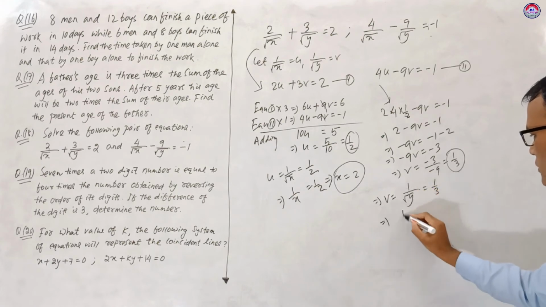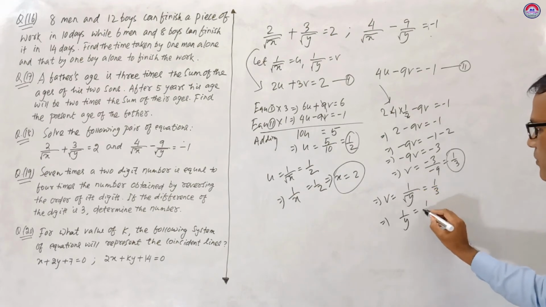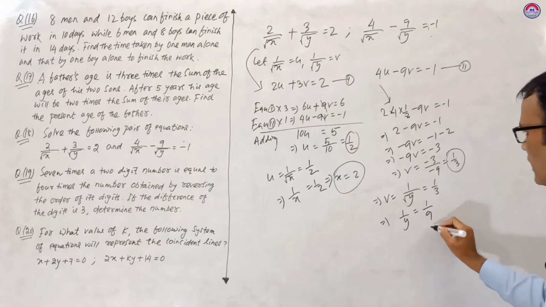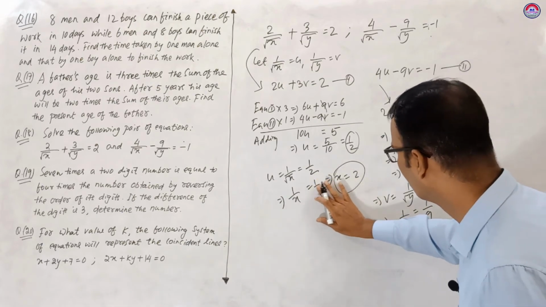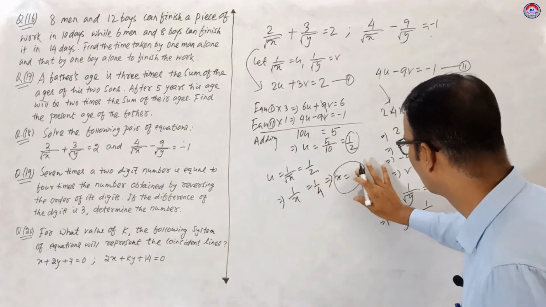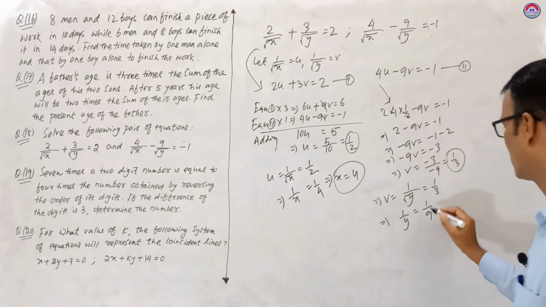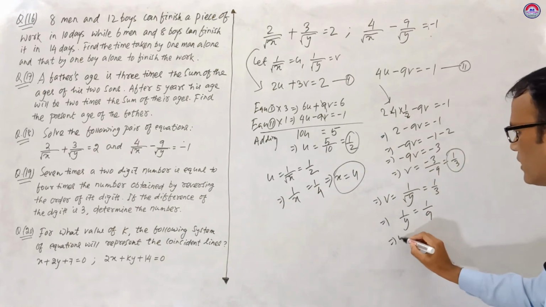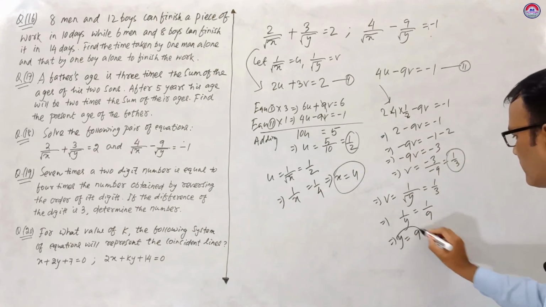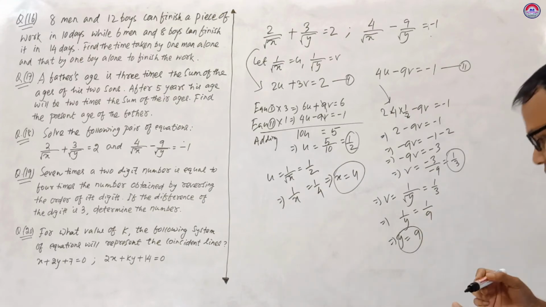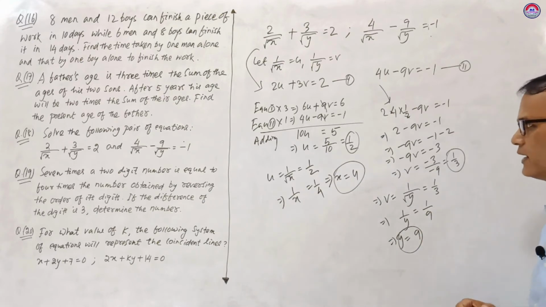Squaring this, 1 by y equal to 1 by 9. That implies y equal to 9. x equal to 4 and y equal to 9.